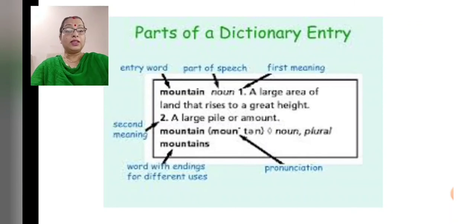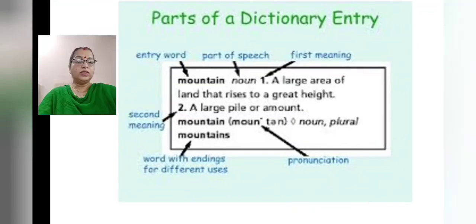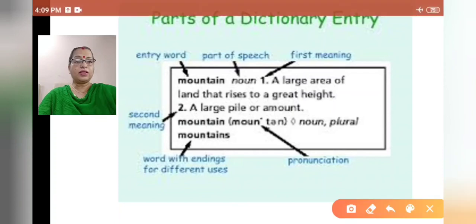Next you have the pronunciation also given. The word mountain, see the pronunciation that is given? M-O-U-N, and here you will find that it is stressed. Can you see the stress symbol?